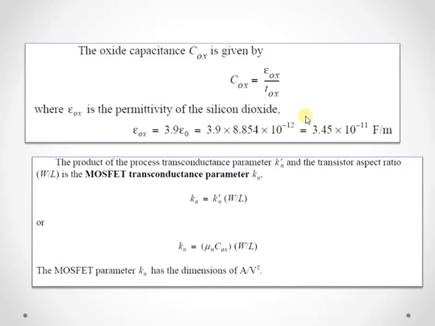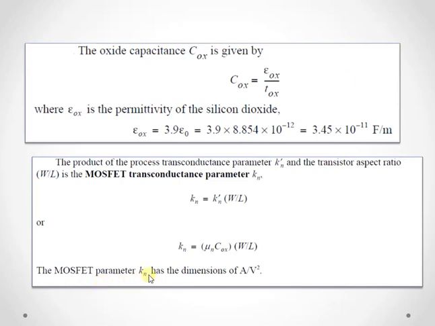Next is the product of the process transconductance parameter, which is given by Kn dash, and the transistor aspect ratio W by L, which is the MOSFET transconductance parameter Kn. So we have Kn equal to Kn dash into W by L. This Kn dash corresponds to the product of electron mobility, that is mu n, and oxide capacitance COX.